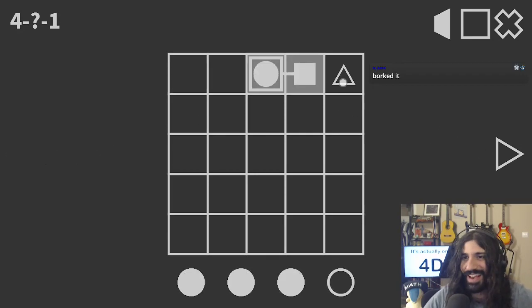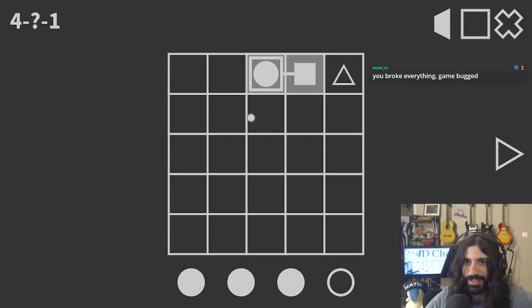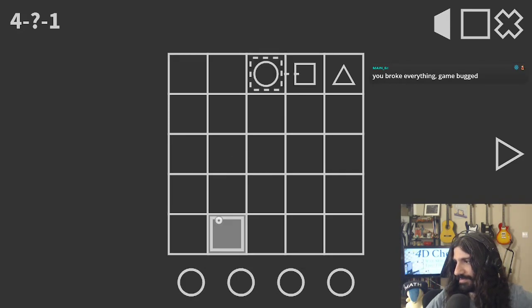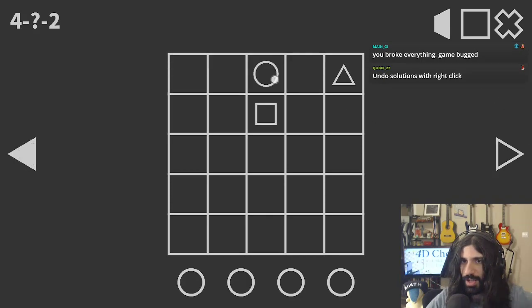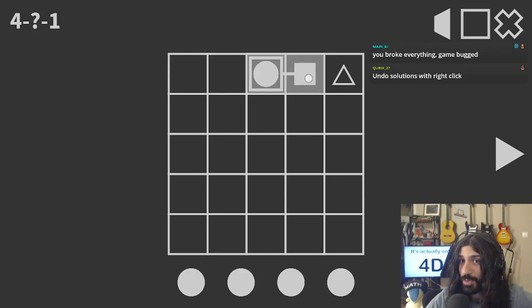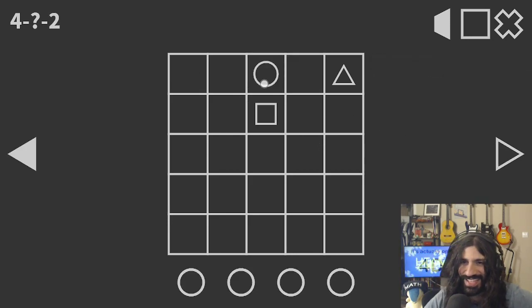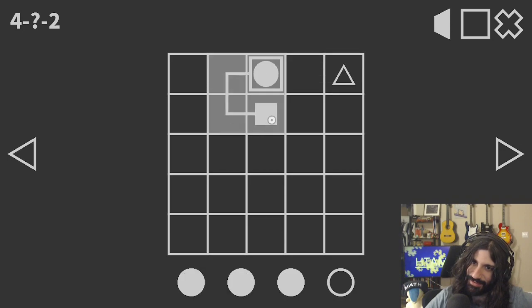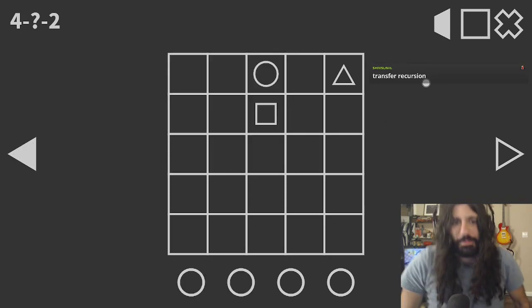Dude, I'm losing it. What? Undo solutions. I undid the solutions with right click. Thanks, Cubics. This is so messed up. What is that about, man?